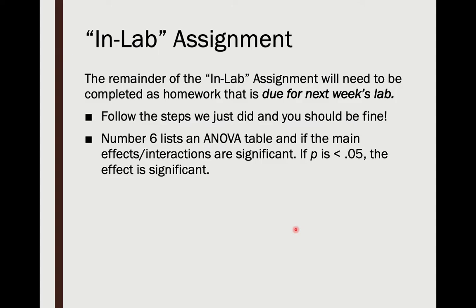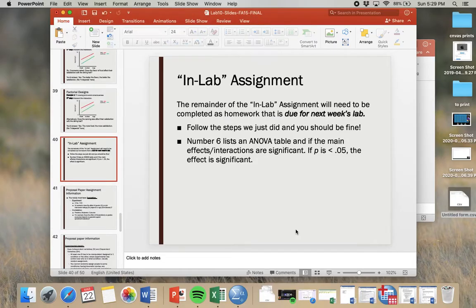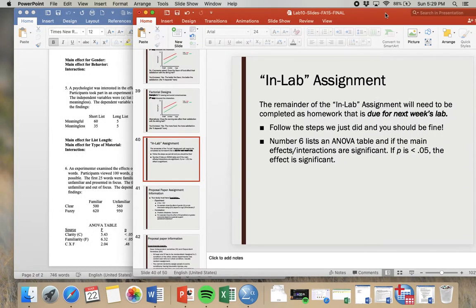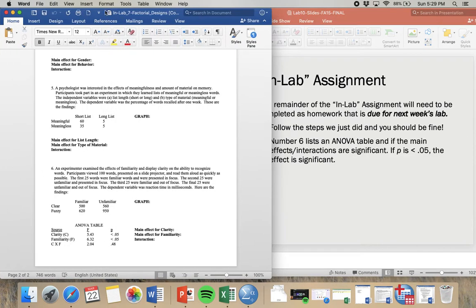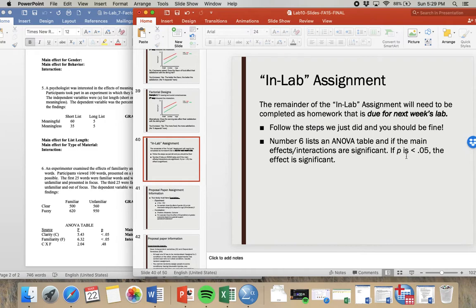So the remainder of this assignment will need to be completed as homework that's due for next week's lab. Again, it's April 1st. Follow the steps we just did and you should be fine. I do want to alert you to number 6. Number 6 lists an ANOVA table and if the main effects and interactions are significant. Again, if P is less than 0.05, the effect is significant.